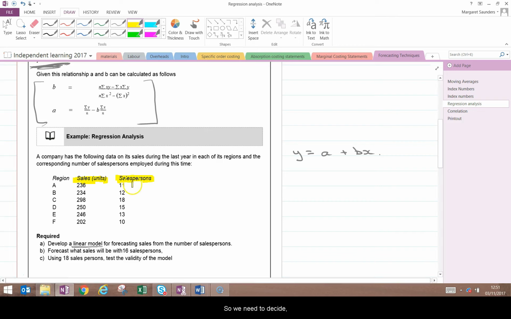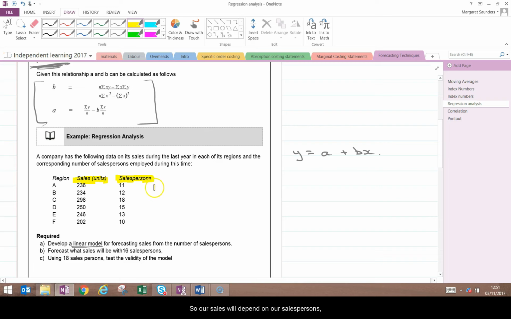So we need to decide, does the amount of sales depend on the amount of salespeople that we have, or is it the other way around? Does the amount of salespeople depend upon the amount of sales we make? Well, fairly obviously, our sales is going to be influenced by the number of sales staff that we have.